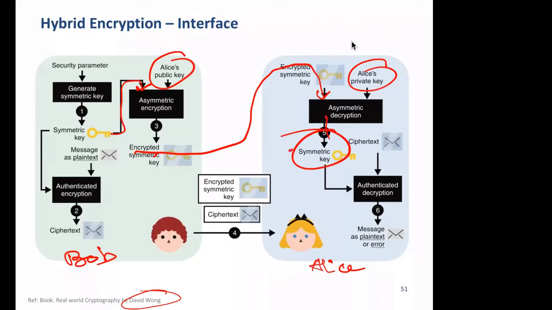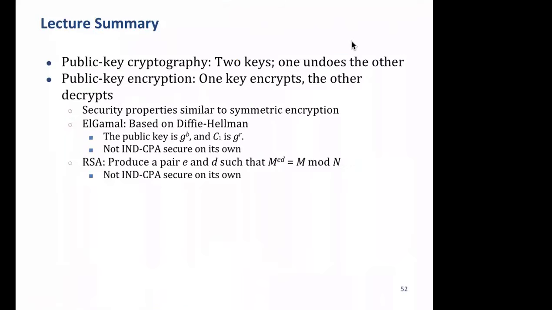So this symmetric key is the same as the symmetric key on the other side, and then both can communicate using this symmetric key. Simple. All right, so that's all.